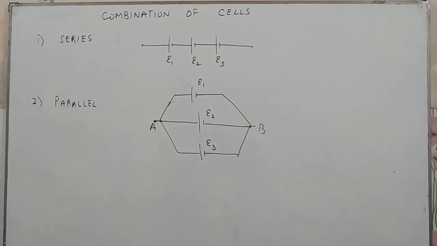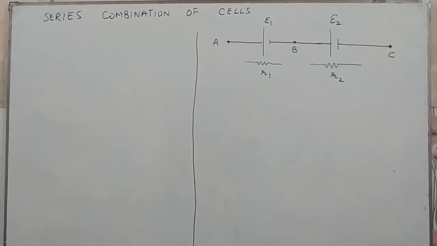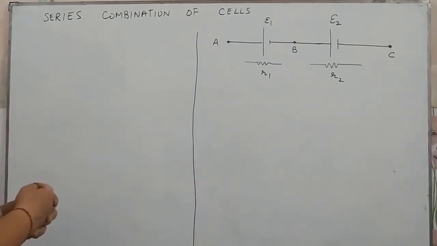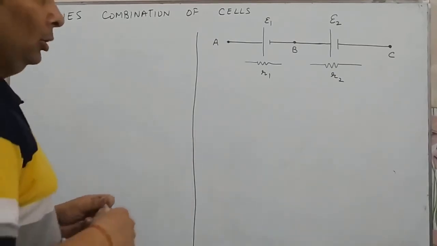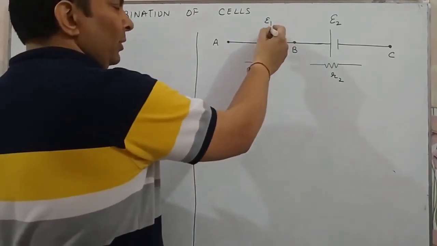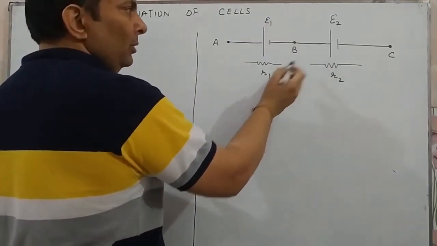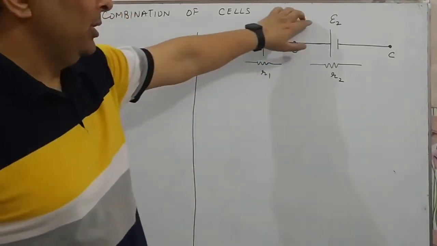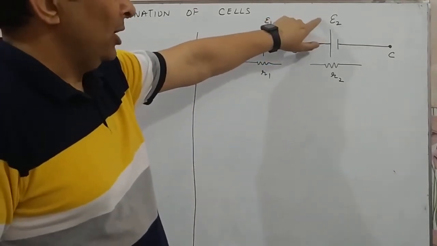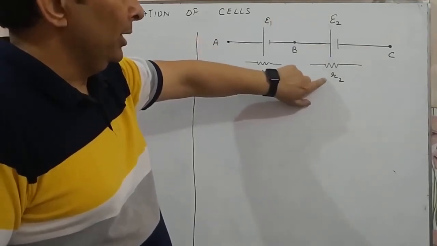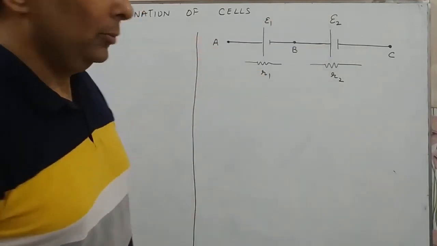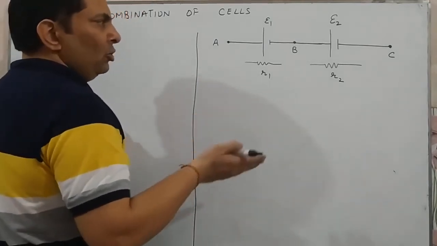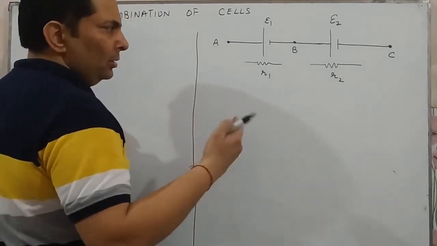Okay, let's start. First, the discussion about the series combination of cells, in which we have taken two cells of EMF E1 and internal resistance R1. This is the internal resistance of the cell shown separately. This is the second cell of EMF E2 and internal resistance R2. Now we know in series combination the potential difference gets distributed.